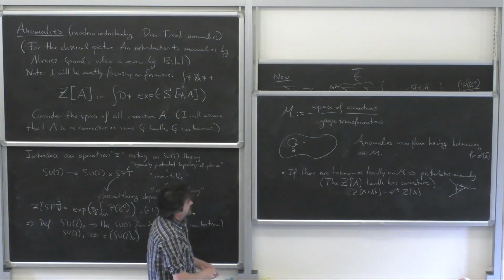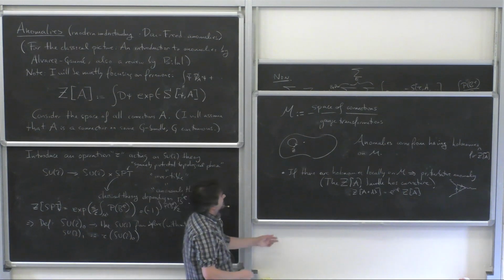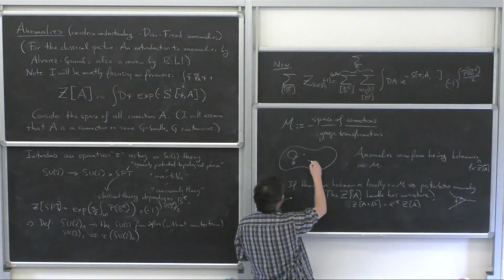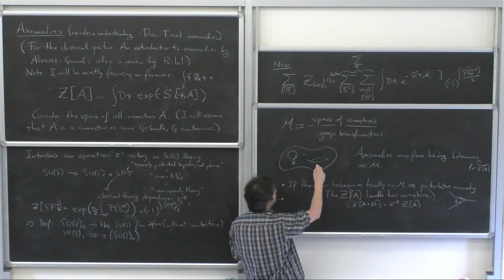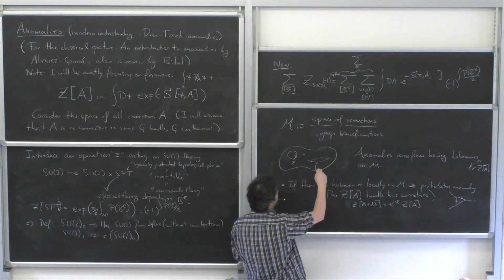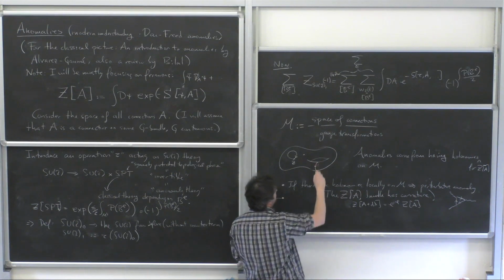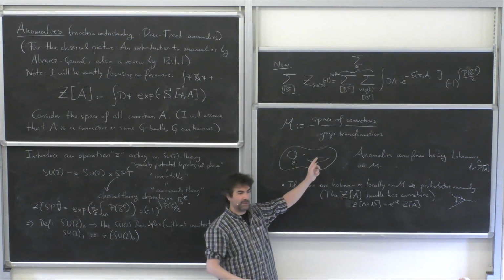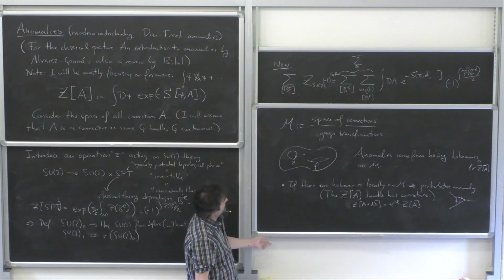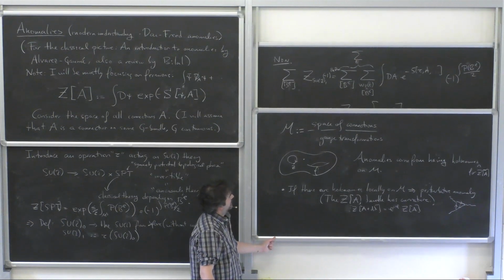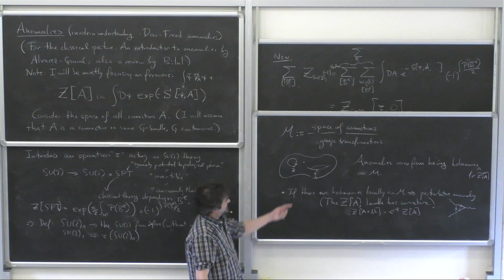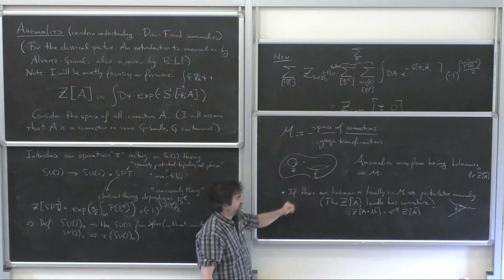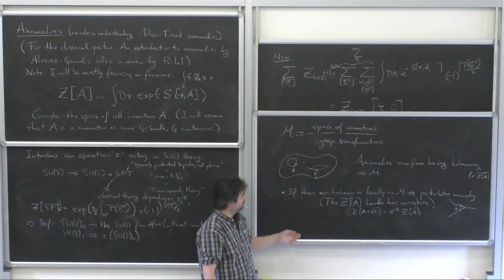But this is not the only option. You could also have, say, some two-cycle to make my life easy, and you go around this one cycle in this manifold. Imagine that it has a little bit of topology. And as you go around, you pick up a phase. This can happen even if your bundle is flat.